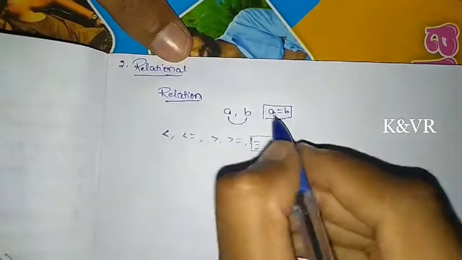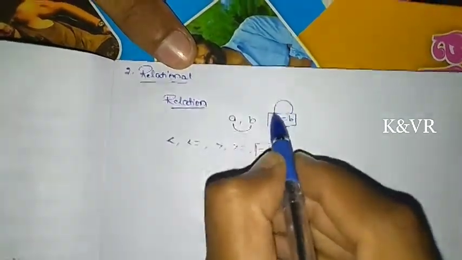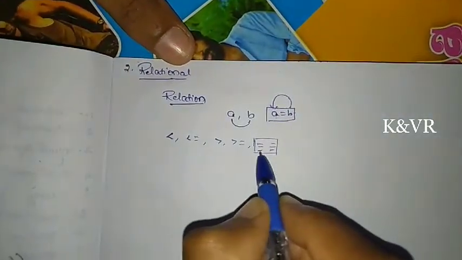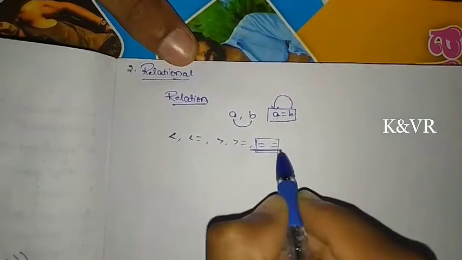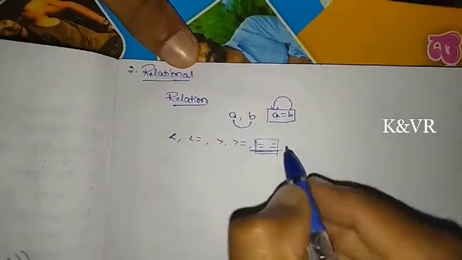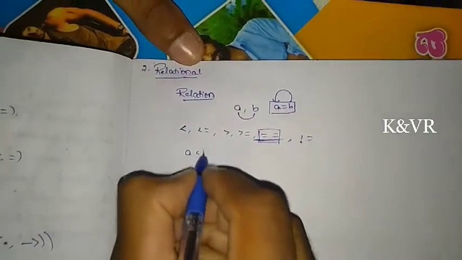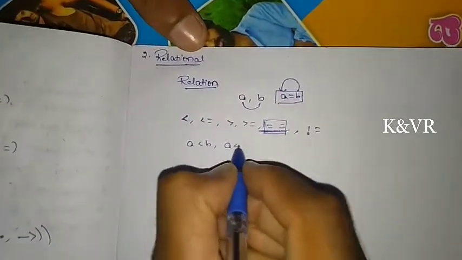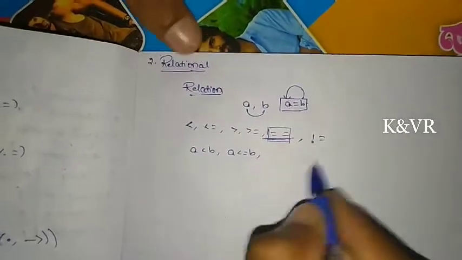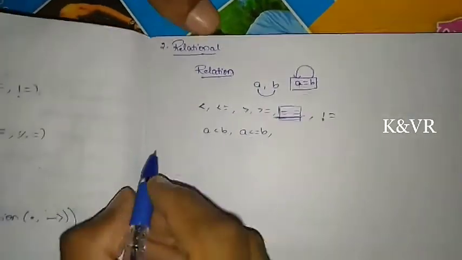If it is a single equal to in C, here we assign B to A. That is the difference between normal mathematics and the operators in C. And not equal to, A less than B, A less than or equal to B. Just checking the conditions. That is the relational operators.